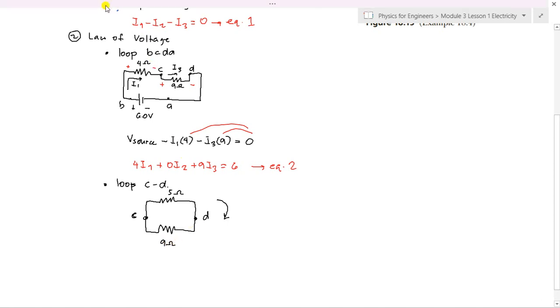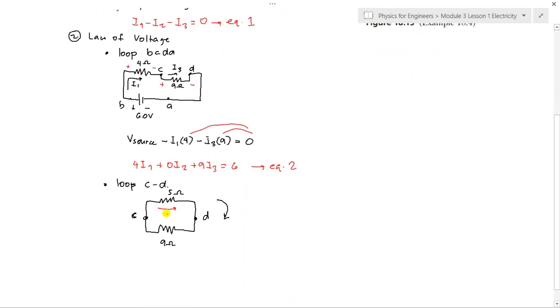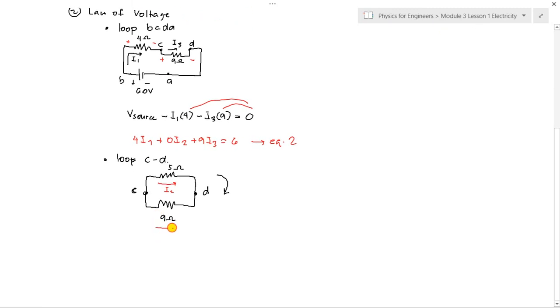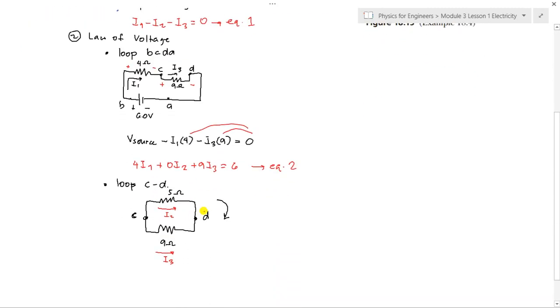The direction of the current for the 5 ohms is toward there, this is I2, and for the 9 ohms also toward there, that is I3. Okay.